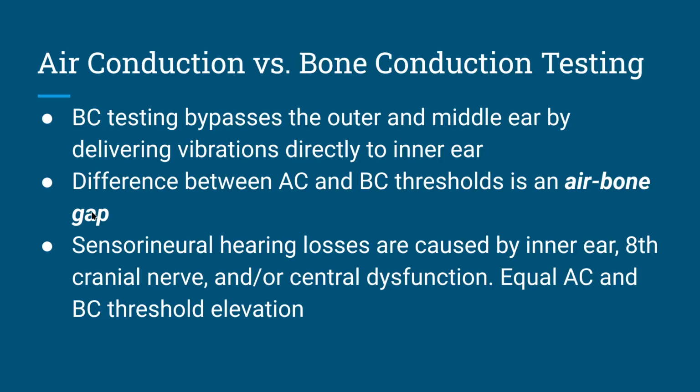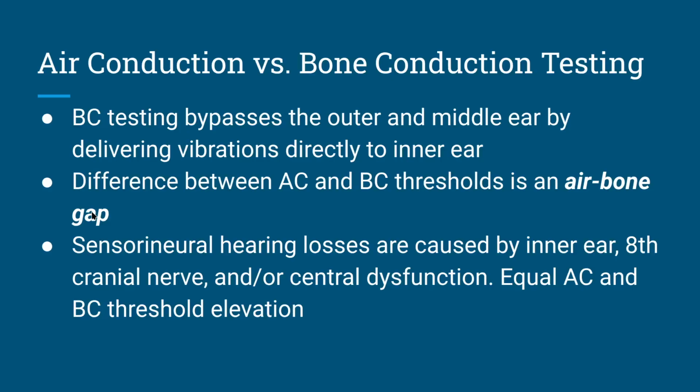So if you take the air conduction threshold and you minus the bone conduction threshold, that is your air-bone gap. If you do it in the opposite direction, bone conduction minus air conduction, that would be a negative air-bone gap. They call it a reverse air-bone gap in the book, but I call it a negative air-bone gap.